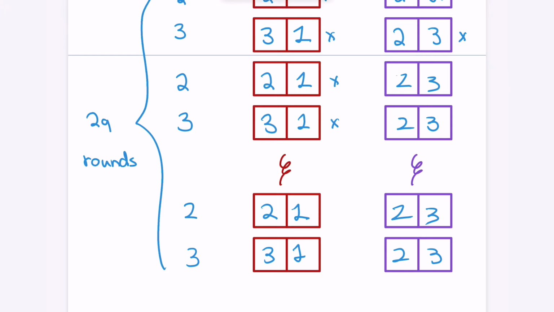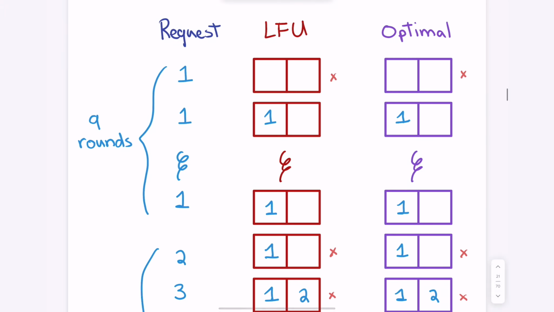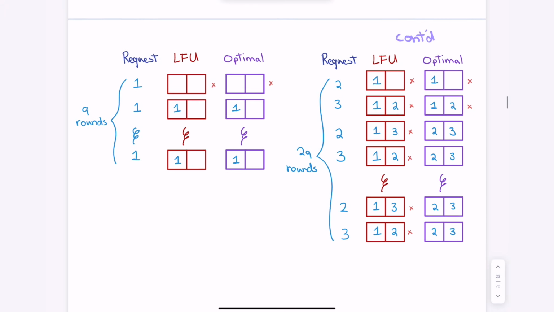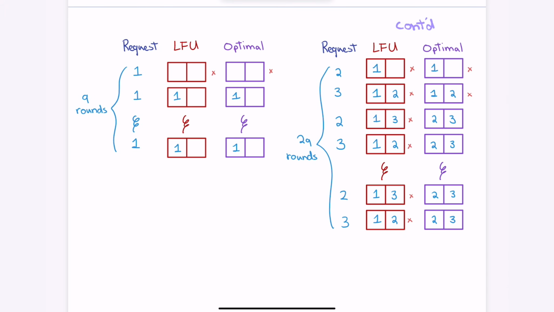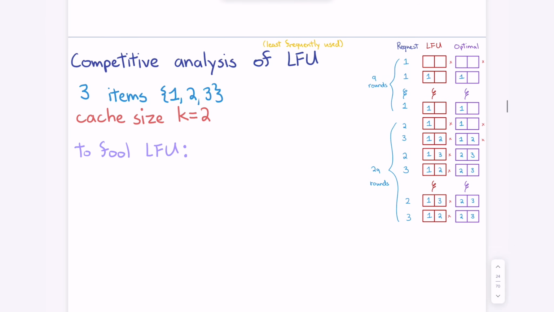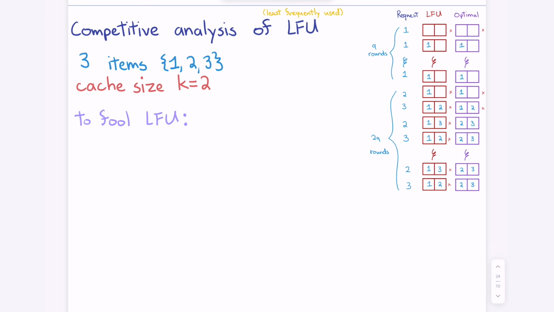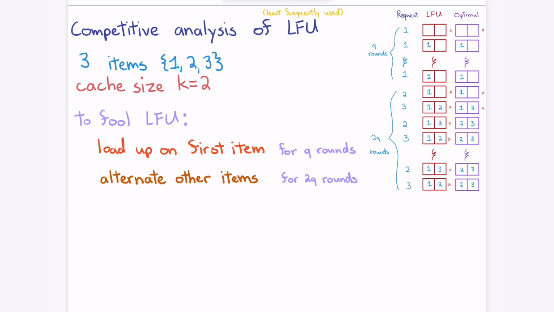That kind of example makes it very easy to fool least frequently used, because you can just load up on something that will never come up again. With k equals 2, to fool LFU, we load up on the first item for a large number of rounds, and then for twice as many rounds, I alternate between 2 other items.